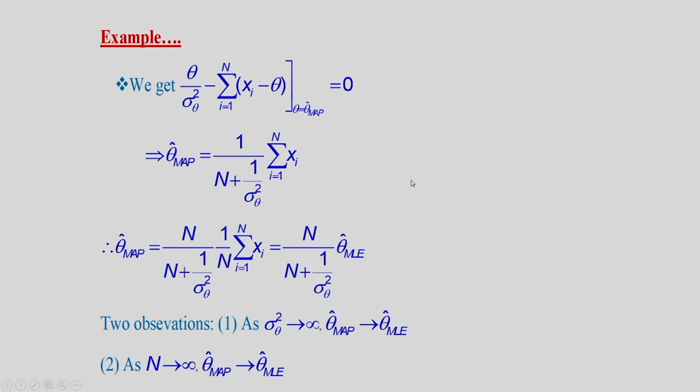Next, if the number of data points is large, as n tends to infinity, this ratio will approach 1, therefore theta hat MAP will again approach theta hat MLE. So as n becomes large, theta hat MAP will tend to theta hat MLE, and as sigma theta square becomes large, then also theta hat MAP will tend to theta hat MLE.